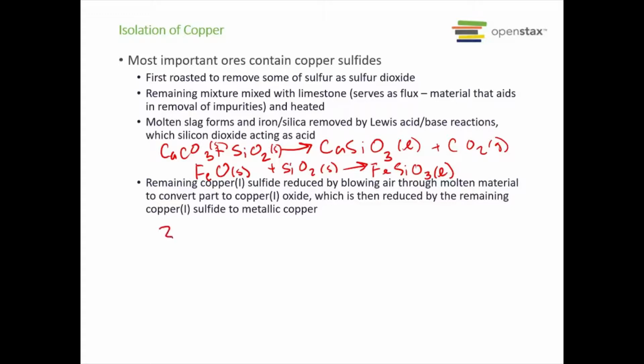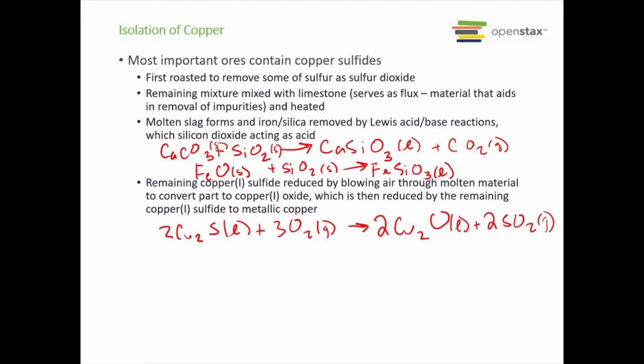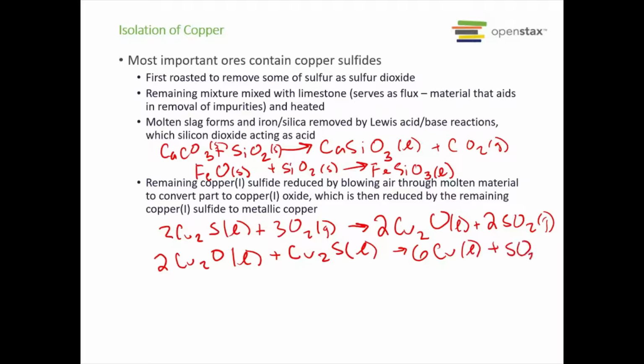So we take some of this copper(I) sulfide, give it some oxygen, and we get some copper(I) oxide and sulfur dioxide. And then this copper(I) oxide will react with copper(I) sulfide to give us metallic copper in its molten form and SO2.